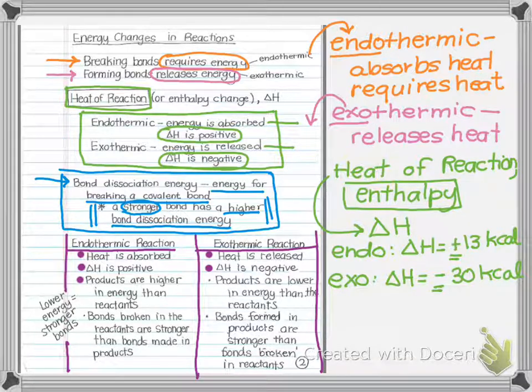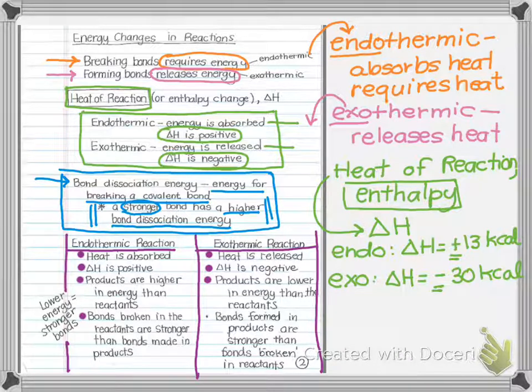Compare that to exothermic, where energy is released. Your reactants have some energy, and then they release some, so the products are lower in energy than the reactants. Remembering that lower energy is stable, in an endothermic reaction, because the products have more energy than the reactants, it's actually the reactants that are more stable.